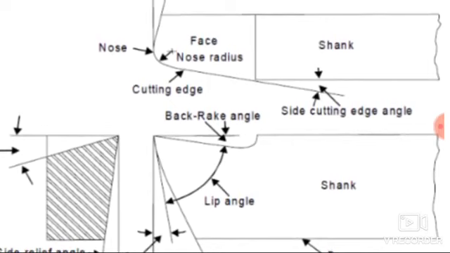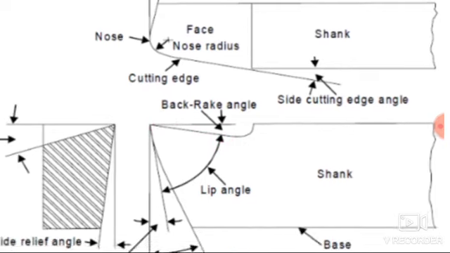Here you have to carefully understand the back rake angle. The back rake angle is the angle made by the face of the cutting tool with the line parallel to the base of the cutting tool, measured in a plane which is perpendicular to the base and passing through the side cutting edge. Now if this face is inclined downward, then that angle is known as a positive rake angle.